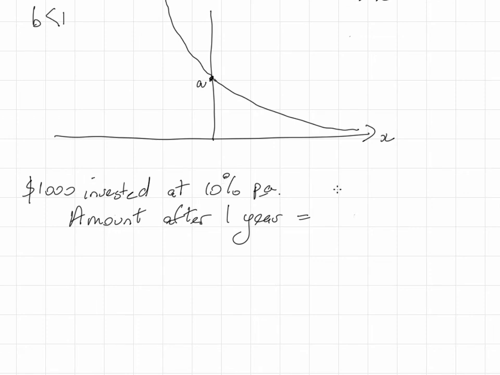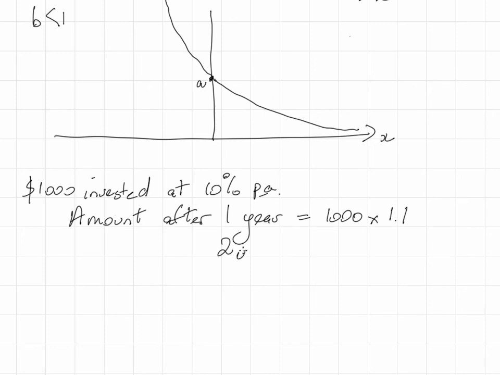Another way to add 10% on, rather than find 10% and add it on, is just to add it to 100%. So 10% plus 100% is 110%, and that is 1.1 as a decimal. So 110% is 1.1. So that would be the amount you would have after 1 year.